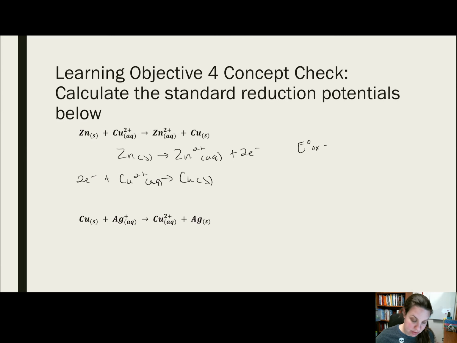And then the next one that is a reduction potential right here, the 0.34. And it's positive, so our E cell is going to be those two values added together, which gives us a value of 1.10 volts.